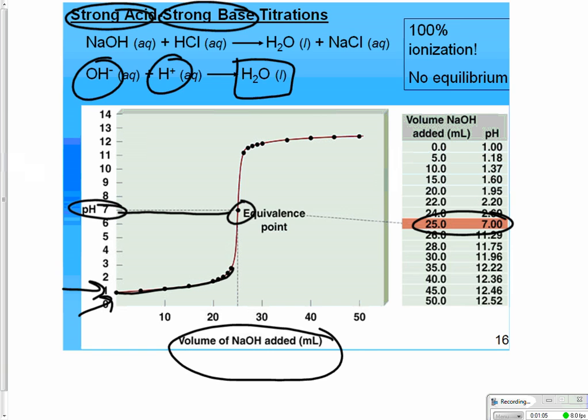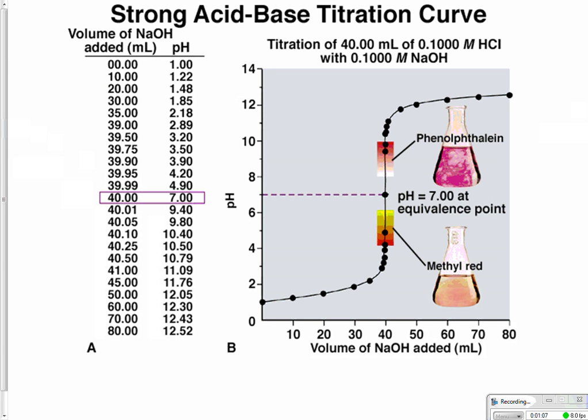All right? Next, here's a typical titration curve, strong acid, strong base. Again, the pH is 7. When I go to select an indicator, what am I thinking about? You should focus on an indicator that's going to change color after equivalence.